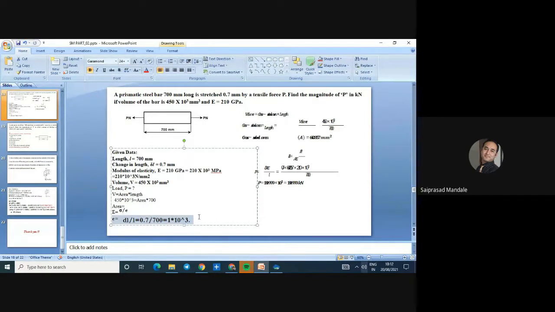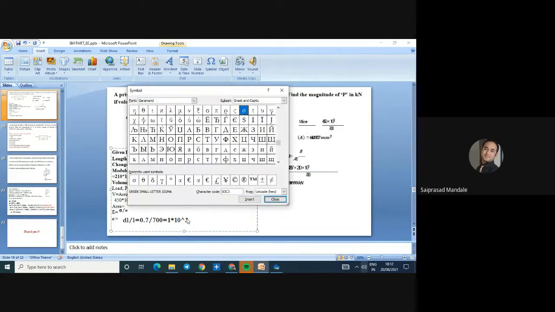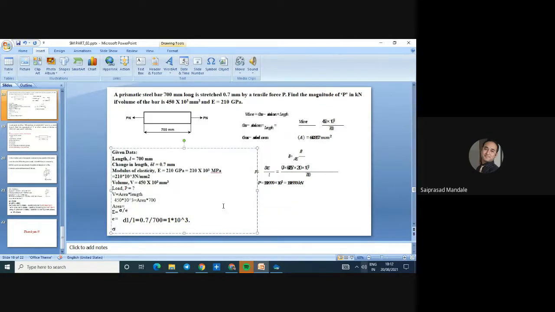So what is stress equal to? Stress equals force per unit area, so P upon A. Do we have a P? We don't have a P. Do we have area? Yes, we have calculated the area, from this.